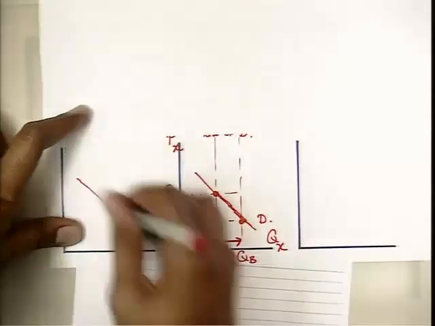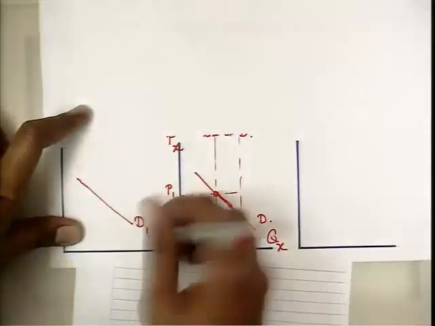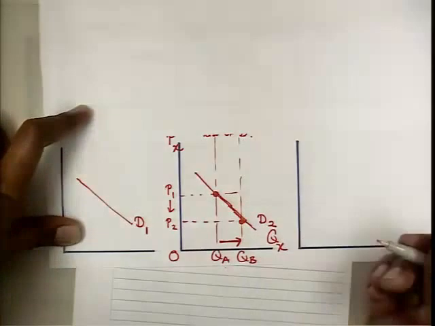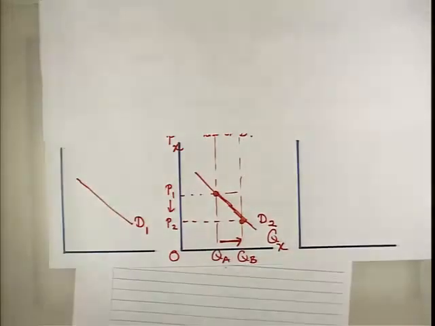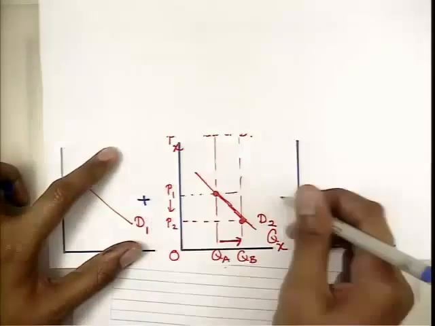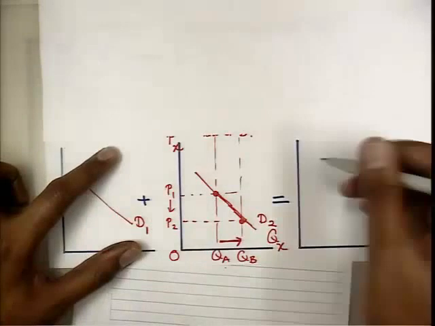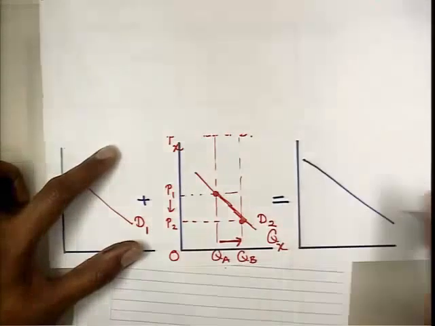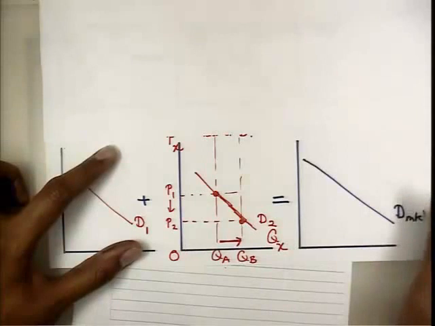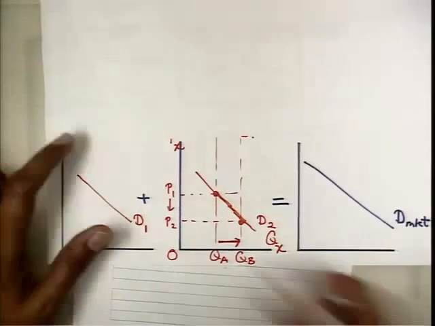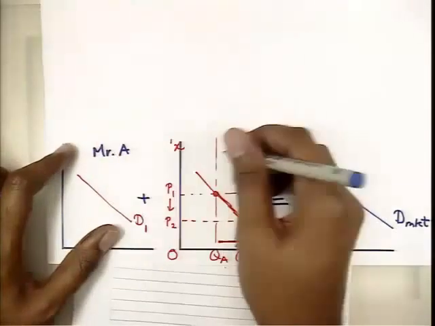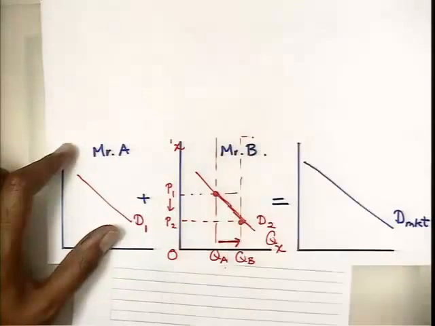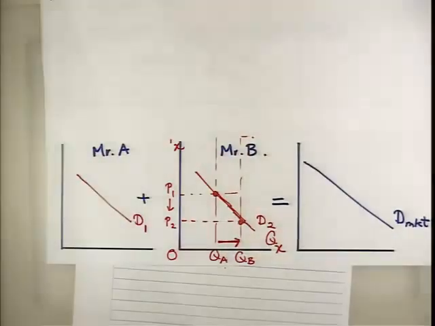I'll have the demand curve for individual 1, the demand curve for individual 2, and the horizontal sum of 2 demand curves will give me the market demand curve, assuming that there's only 2 individuals in the market. So this is Mr. A, this is Mr. B, and now the market, assuming that there's just 2 people in the market, you horizontally add the 2 demand curves.